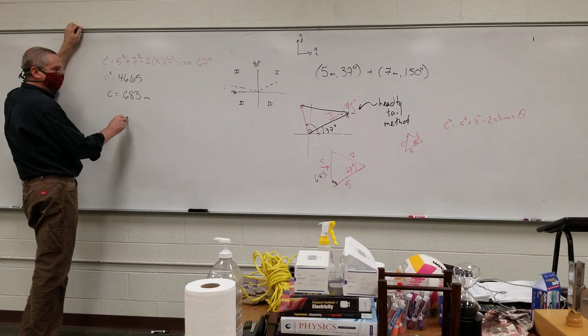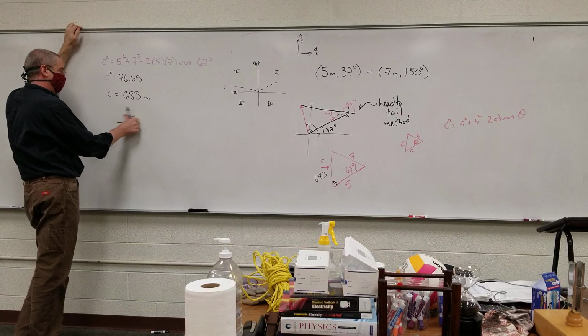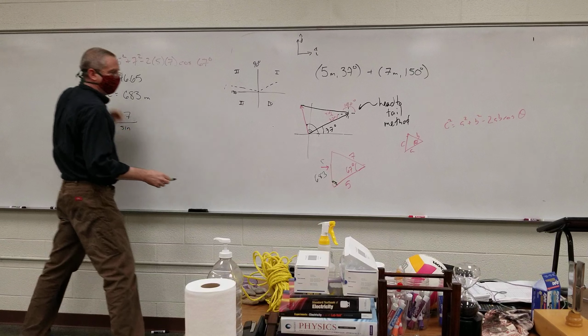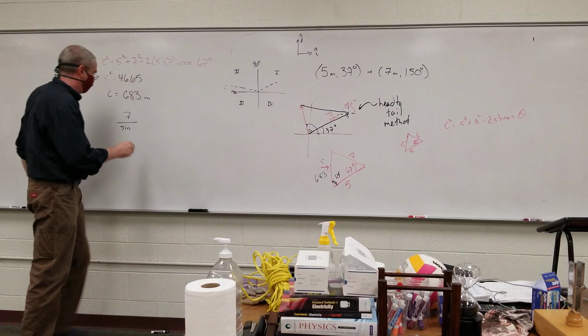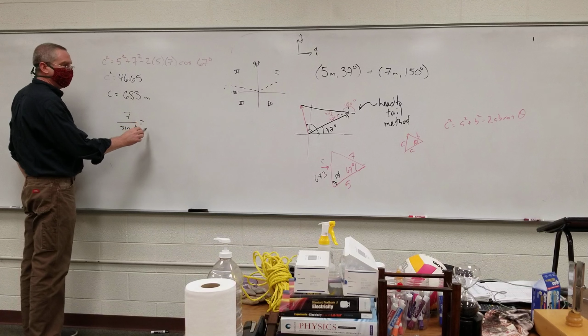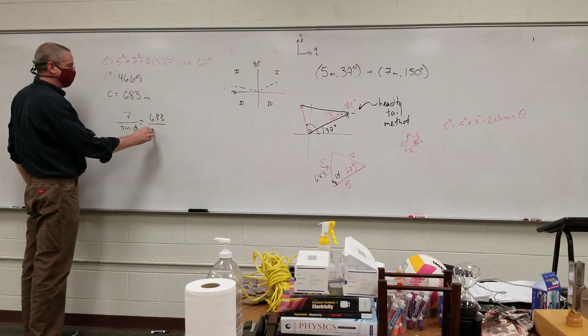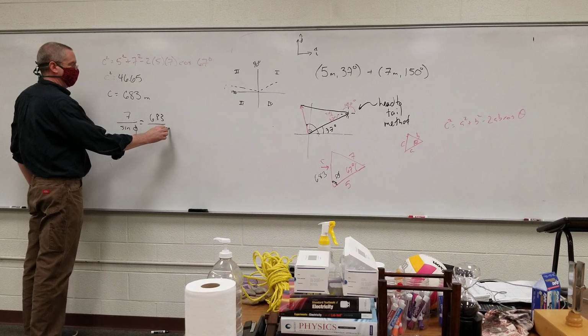So the sine of 7 over, try that one again. 7 over the sine of my angle down here, which I'll label as phi, is equal to 6.83 over the sine of 67 degrees.